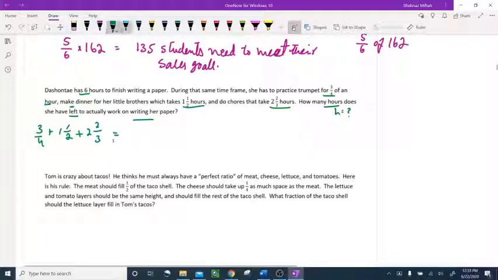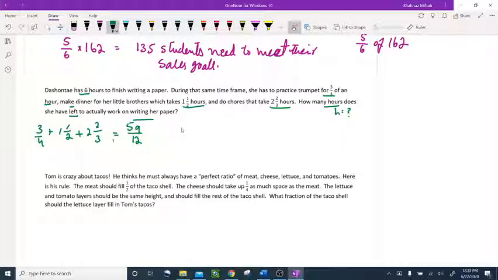Okay, let's try that. When I add it together, I got, let's see, I got 59, I think it was 59/12. Over 12.